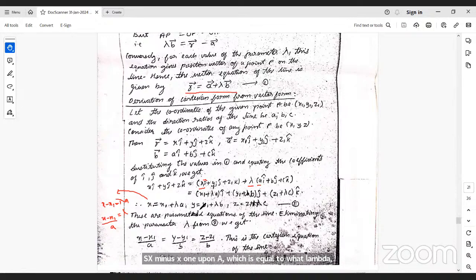Similarly, y minus y1 upon b is equal to lambda, and z minus z1 upon c is equal to lambda. So all these three values will be equal to lambda.